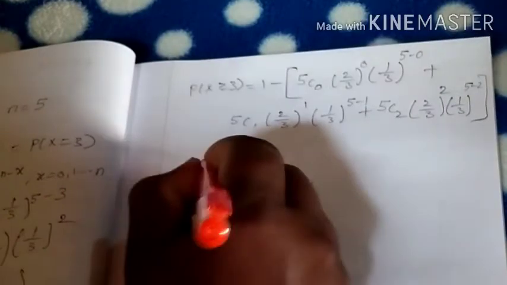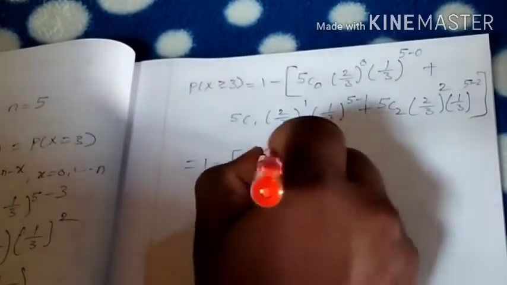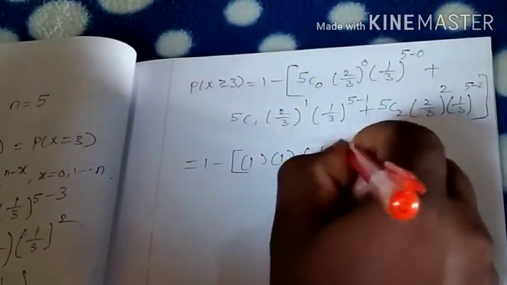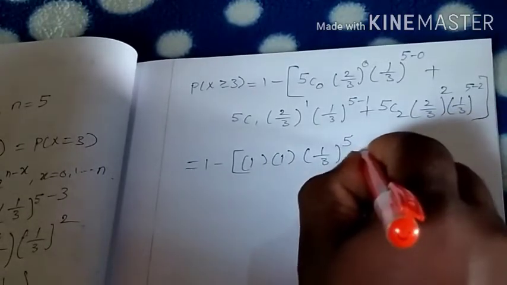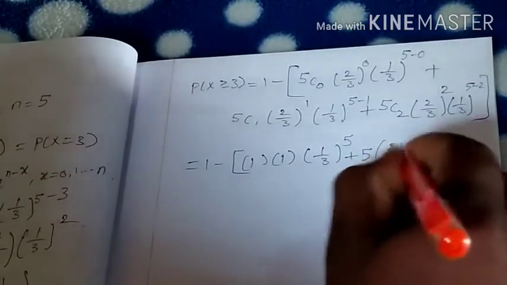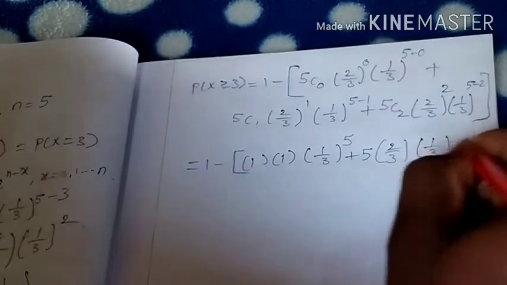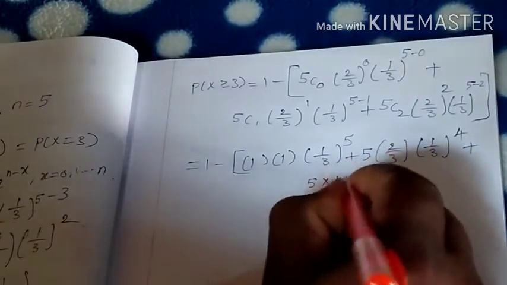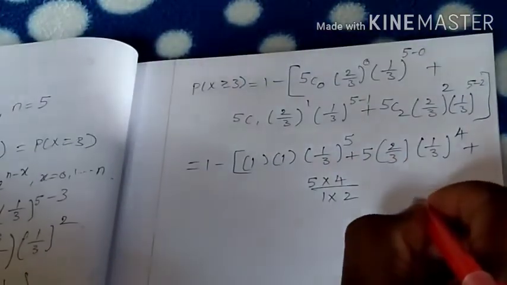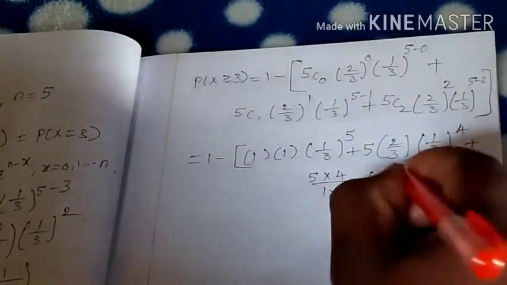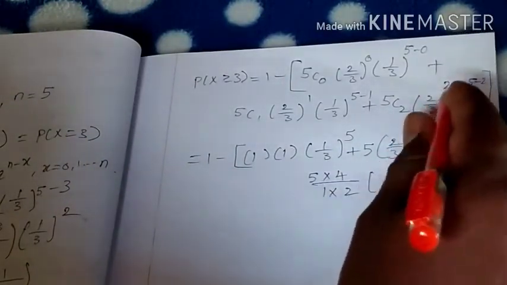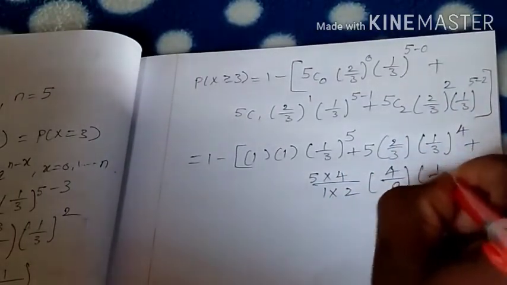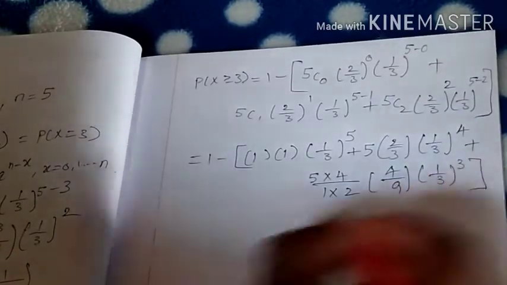Okay, so it is equal to 1 minus, 5c naught is equal to 1 and any number power 0 is 1. Then 1 by 3 power 5, plus 5c1 is 5. Then 2 by 3 power 1, 2 by 3. Then 1 by 3 power 5 minus 1 is 4, plus 5c2. 5 into 4 divided by 1 into 2. This is already known. Then the 2 is common for 2 and 3. 2 2s are 4 and 3 3s are 9. Then 1 by 3 power 3. Okay, that's all.